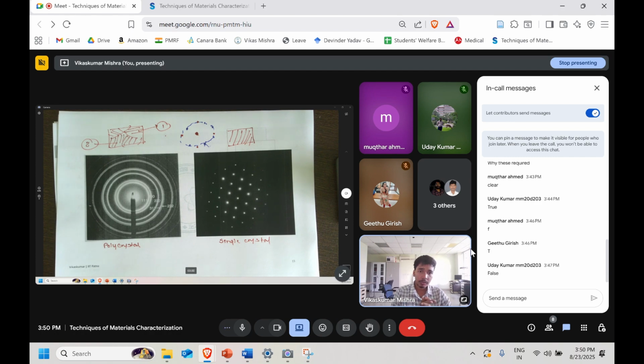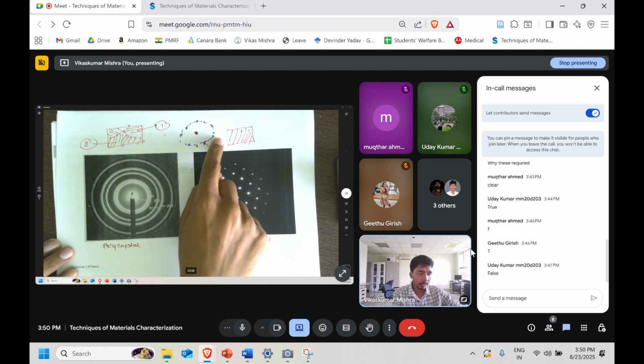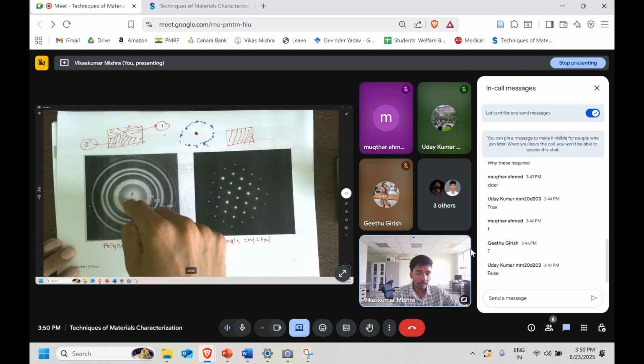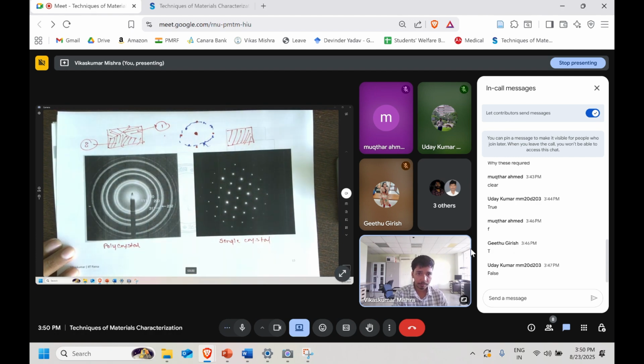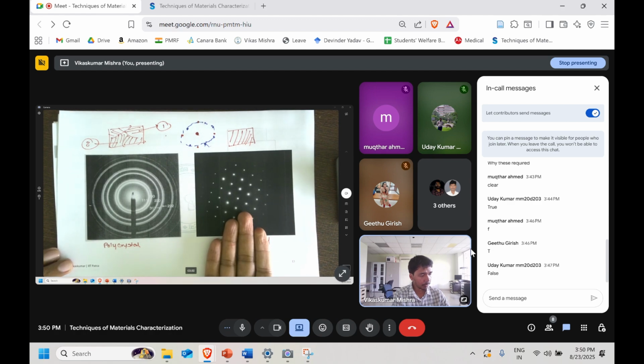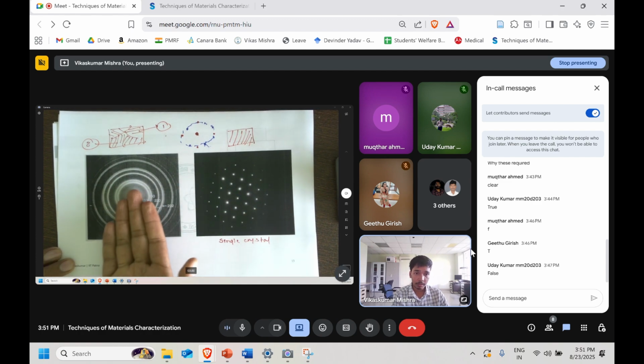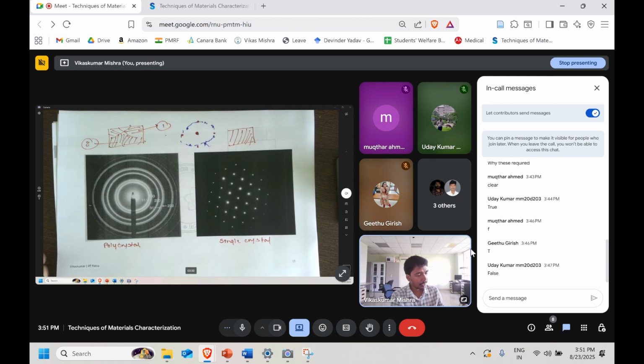In that case, your ring will start to show some discrete points instead of the continuous ring. The polycrystal will turn slowly towards the single crystal. Or if I have a single crystal and keep on deforming it, these discrete diffraction spots will start to form a ring.